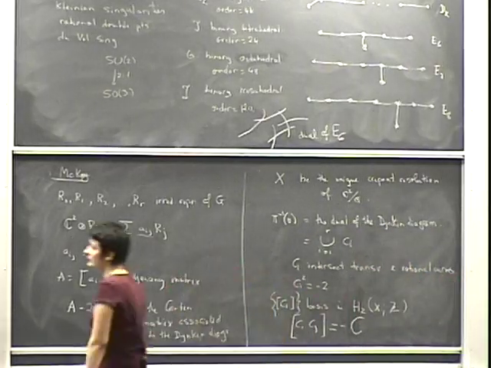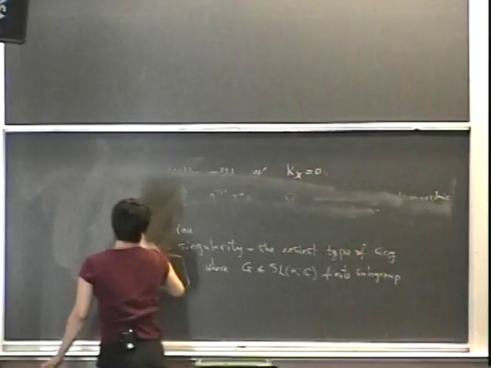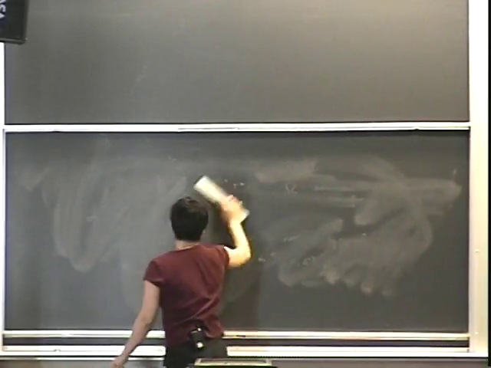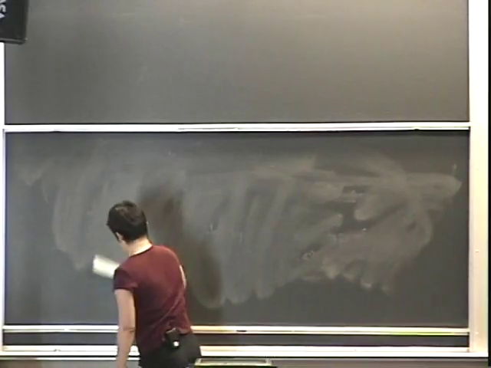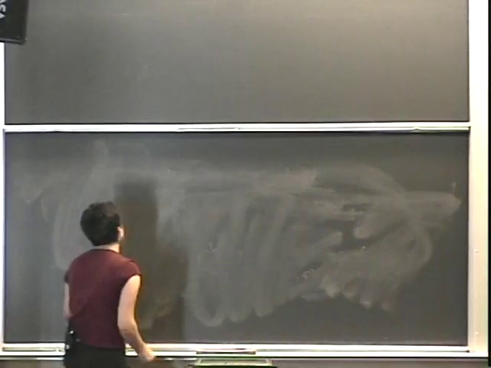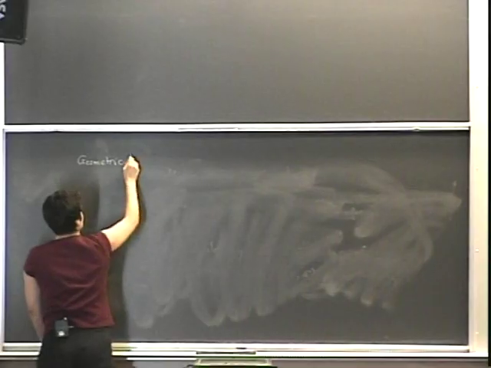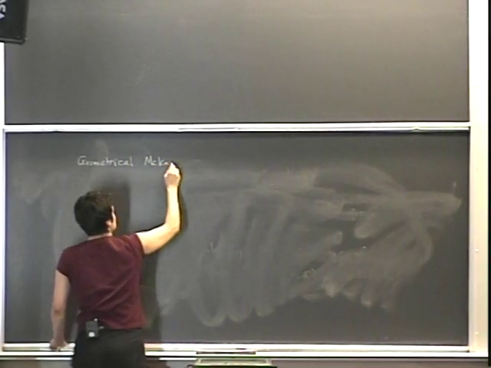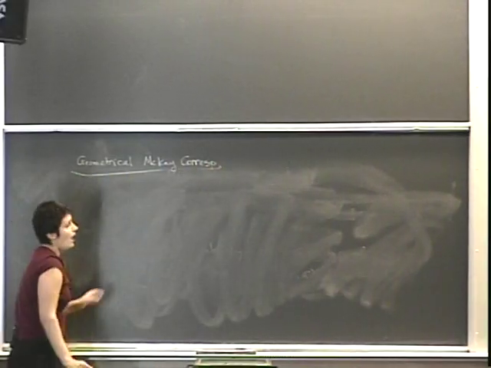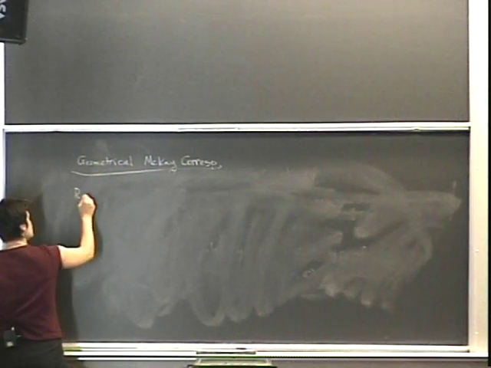So how do we get around that? We are looking for a geometrical interpretation. And in order to do this, we start again from the irreducible representations.